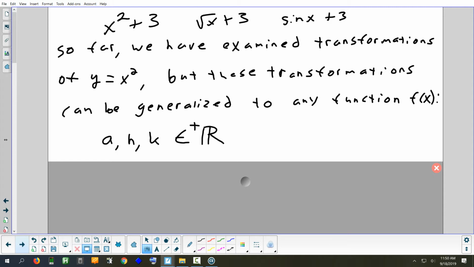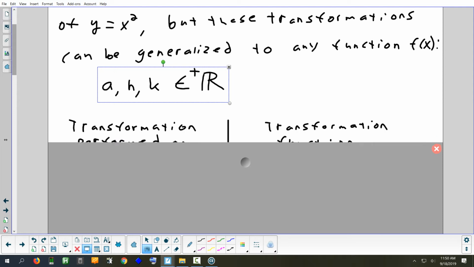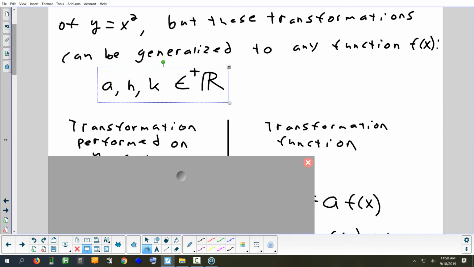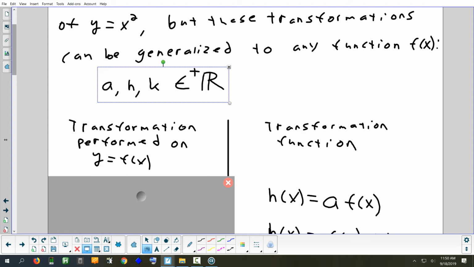So I'm going to make a table. I need to use the letters A, H, and K. And these letters can represent positive real numbers, so positive fractions or decimals, and integers. All right, so let's start with this one. What happened yesterday when you stick a number in front of a function, like x squared, 2x squared? What would the 2 cause the graph to do? Yep. Stretch. Yep, which way?